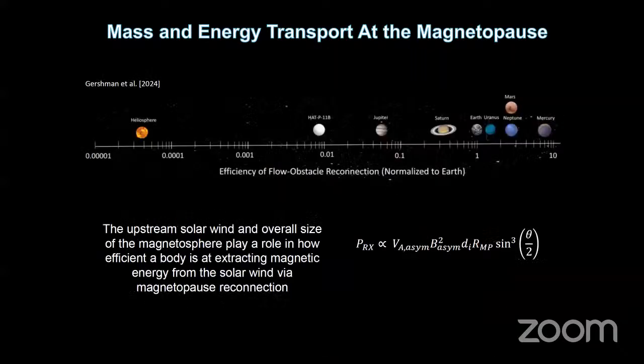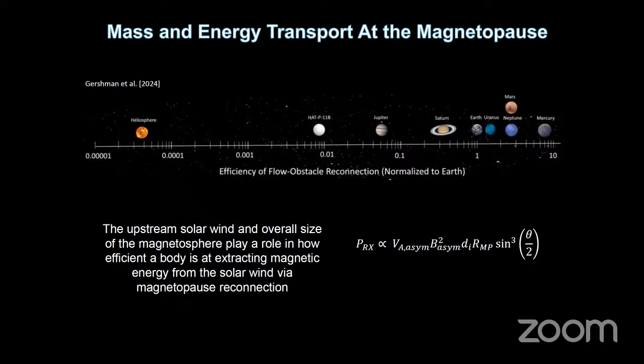Next slide, please. One thing that we looked at was you can determine the efficiency of flow obstacle reconnection with respect to Earth by using scalings like that, understanding how that area might change for the different obstacles.